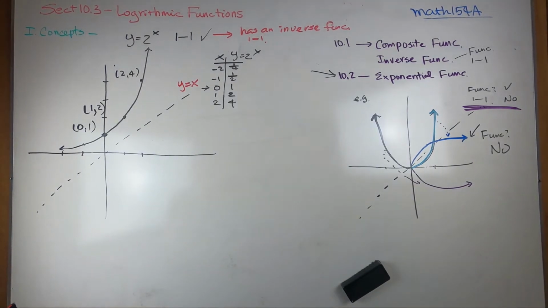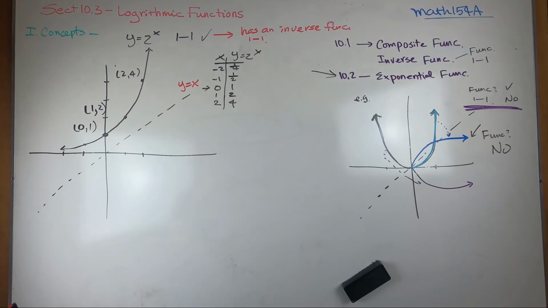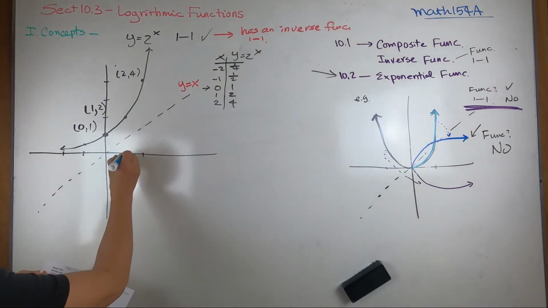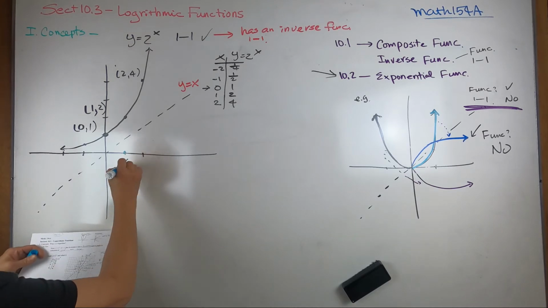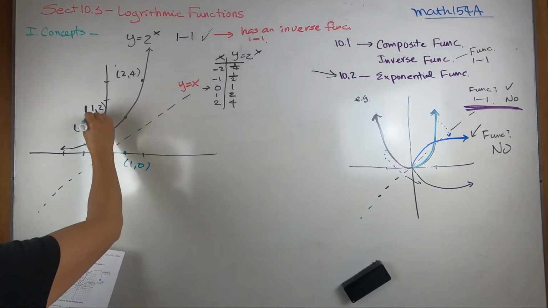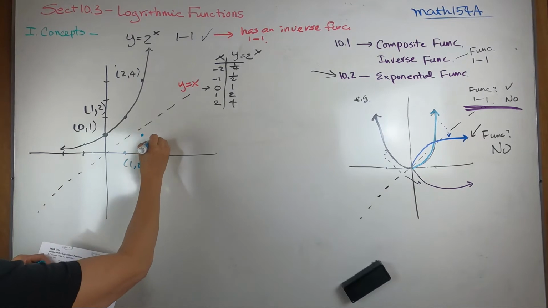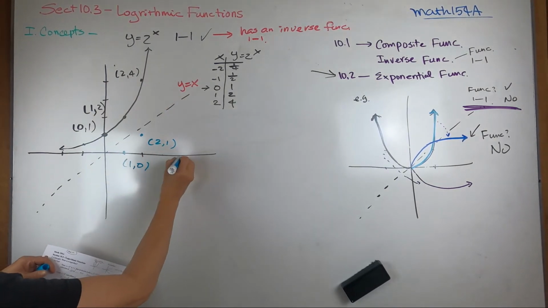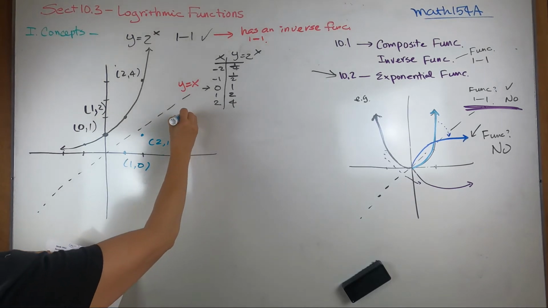So let's take a look. 0, 1 becomes what? 1, 0, right? 1, 2 becomes what? 2, 1. And 2, 4 becomes what? 4, 2.